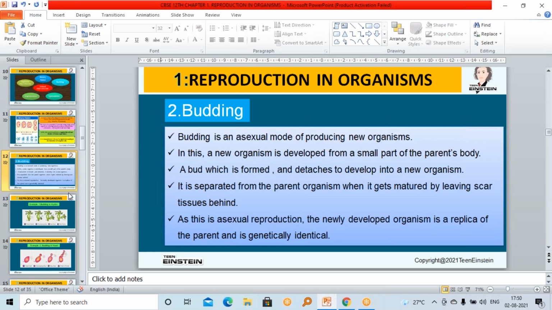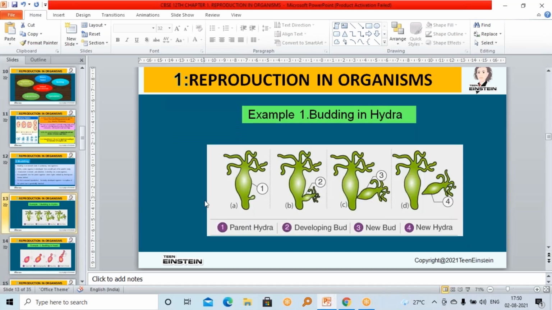The newly developed organism will be a replica of the parent and genetically it will be identical to the parental organism. So budding is an asexual method of reproduction in which an organism first develops as a small part of the parent body, then it will grow, attain maturity, and after that get separated from the parental organism and form a separate individual.